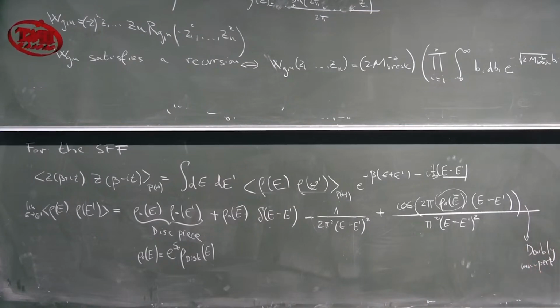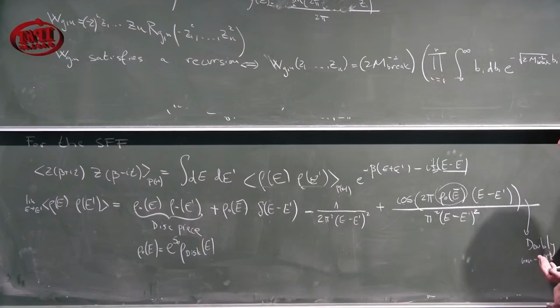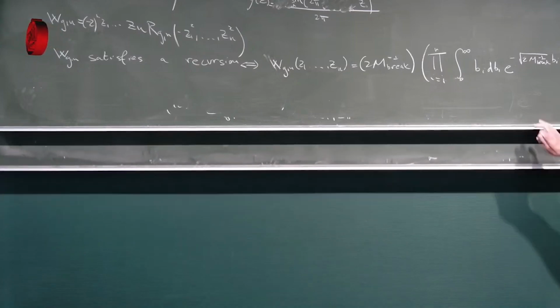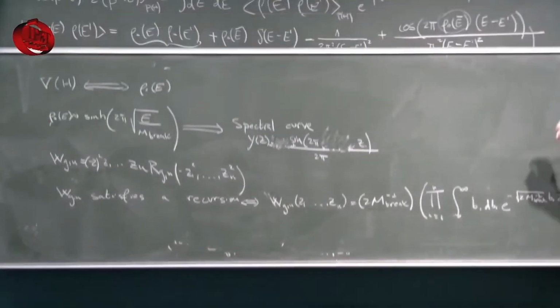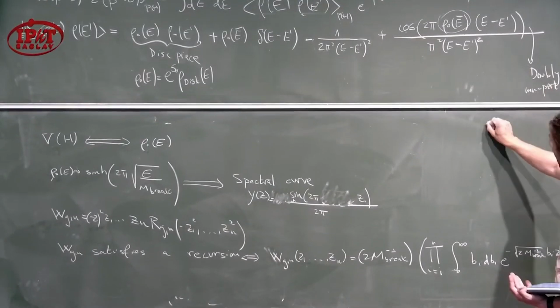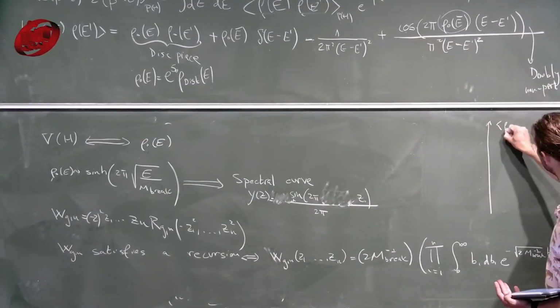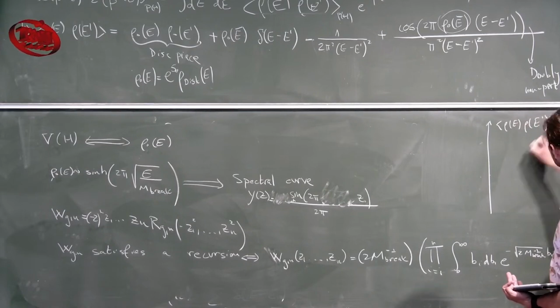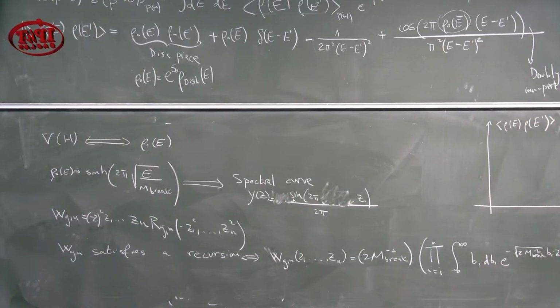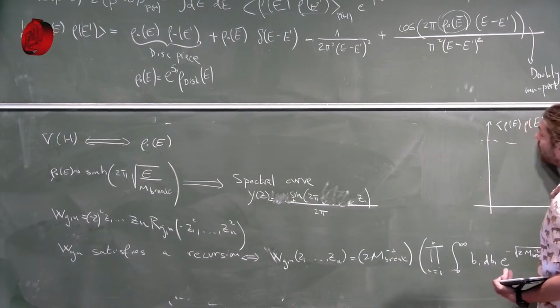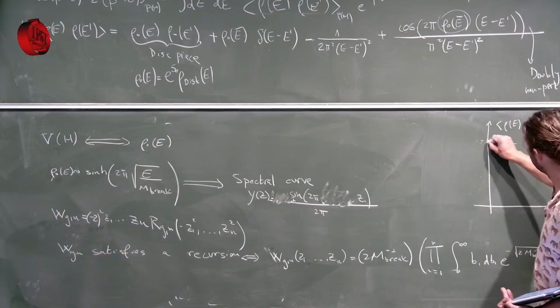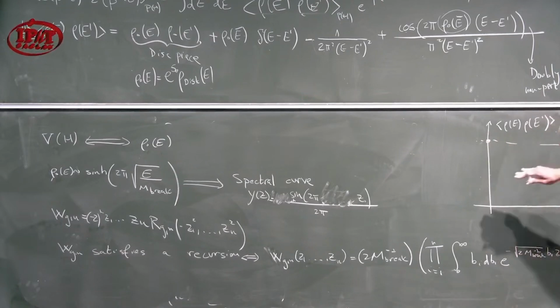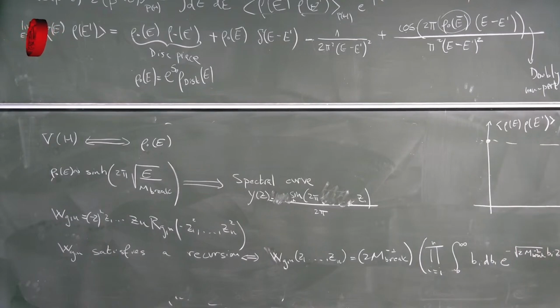So let's see, to get a bit more intuition, what this rho correlator actually looks like. The big contribution in terms of scale on the y-axis comes from the disconnected piece.